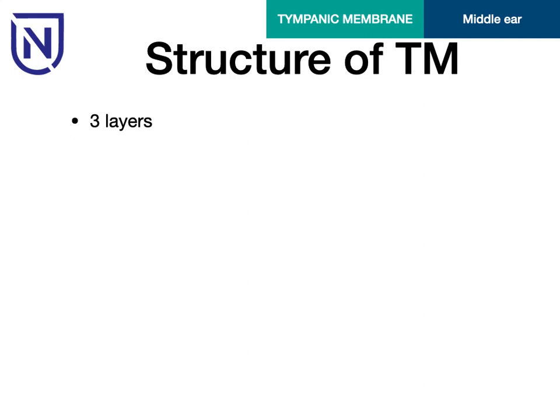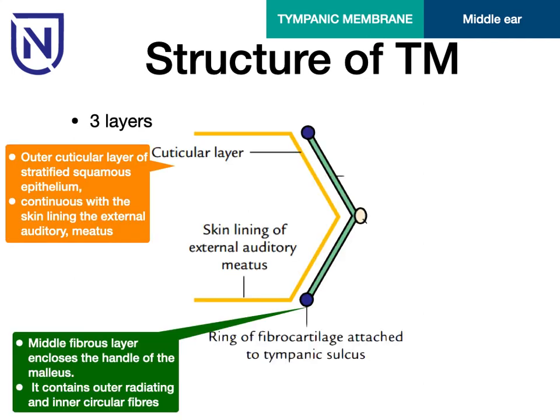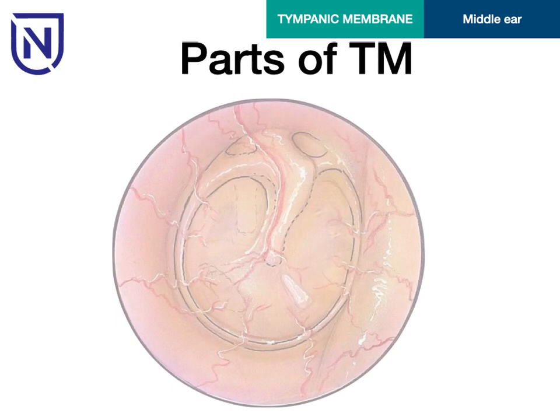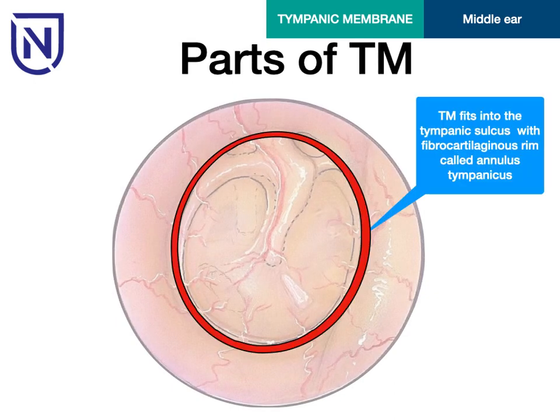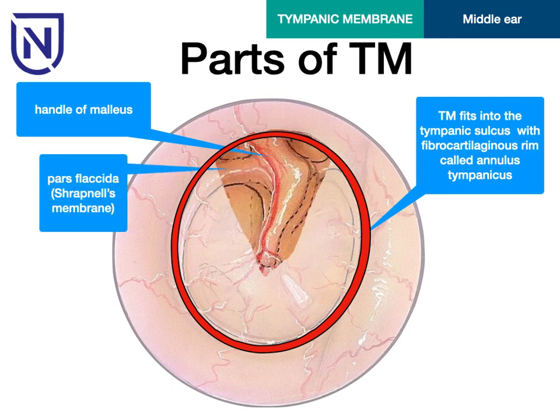The tympanic membrane has three layers: outer cuticular layer, middle fibrous layer and inner mucosal layer. It fits into the tympanic sulcus with a fibrocartilaginous rim known as the annulus tympanicus, and with the handle of the malleus it is divided into two parts.